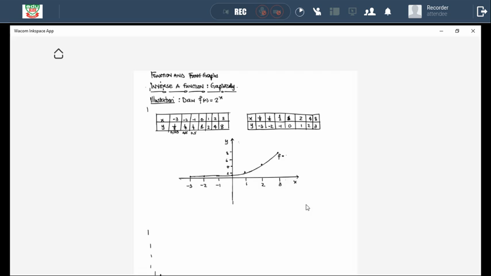If I'm to plot these coordinates now, the first one is negative 1 over 8. So that is -1 over 8 and -3 on the y-axis. So I'll come and say -1, -2, -3.